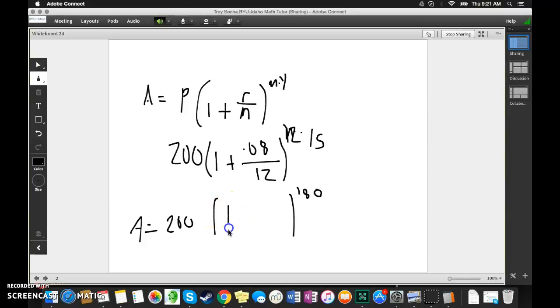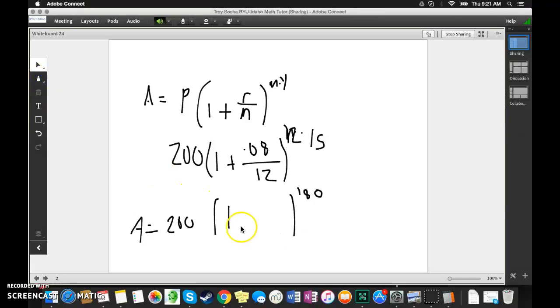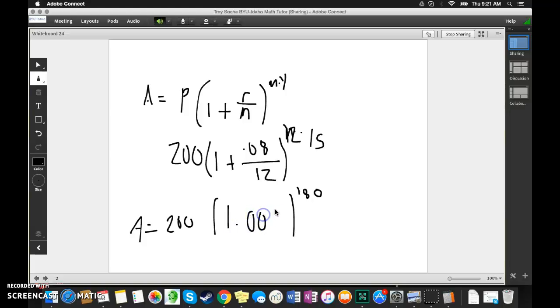But now we're going to have 1 plus 0.08, which is divided by 12. So 0.08 divided by 12 is 0.0066, plus 1, okay, so it's 1.0066, to the 180.